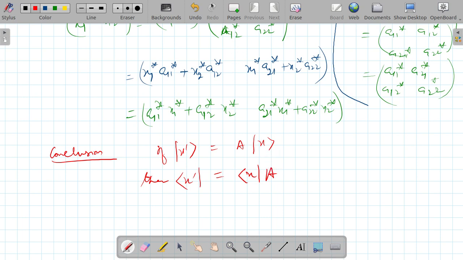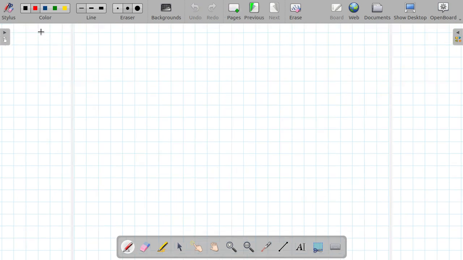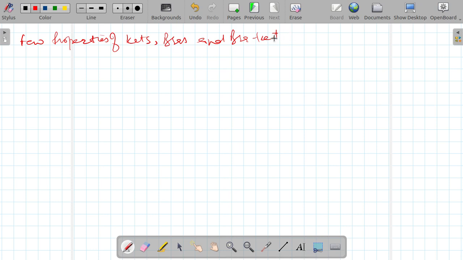Then let us talk about a few properties of kets, bras, and brackets. I will talk about their properties, very few properties.